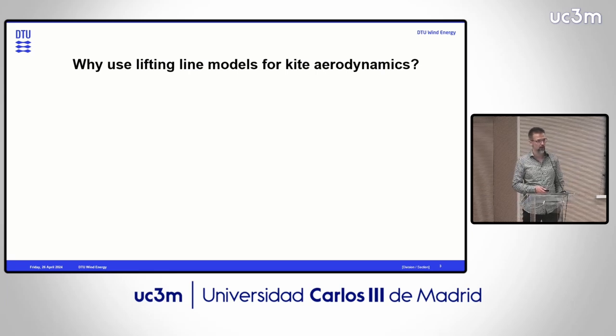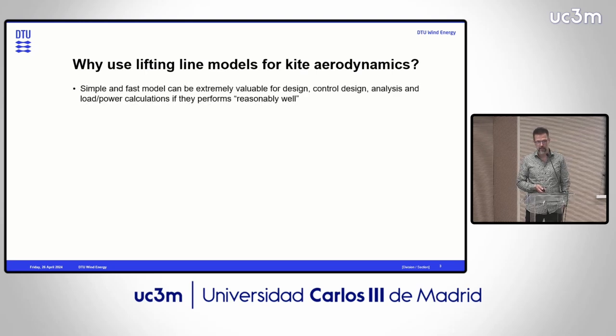So why would you use lifting line for kite aerodynamics? It's simple, it's fast, and that is something that sells a lot, because I'm from normal wind energy, and we still use methods that are 100 years old because they are simply so much faster than CFD, even though CFD can do a lot of local stuff.